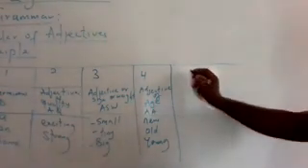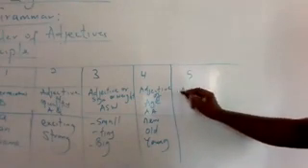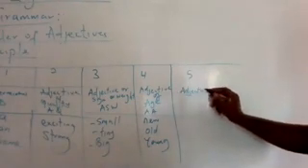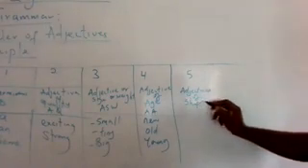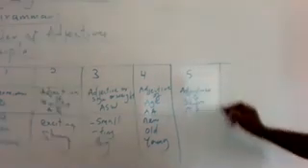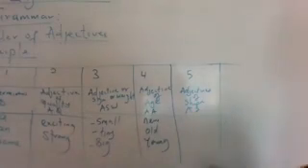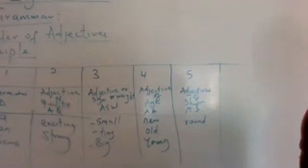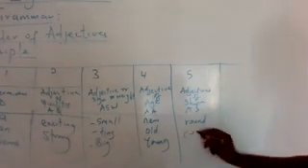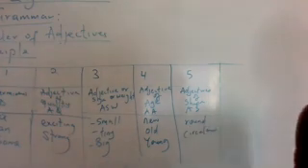Another order that you look at is adjective of shape. When you're talking about the shape of something, is it cylindrical? Is it round? Round, cylindrical, circular, square-like, all those things.